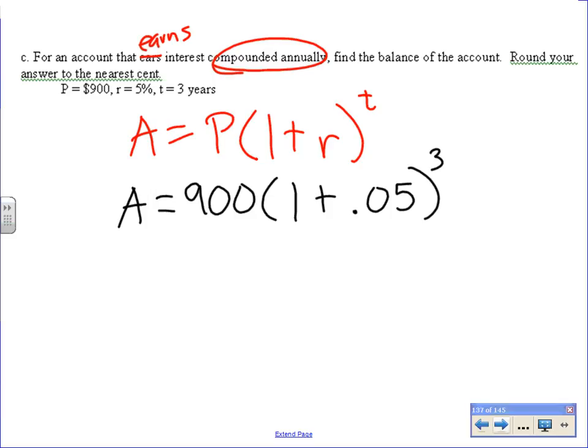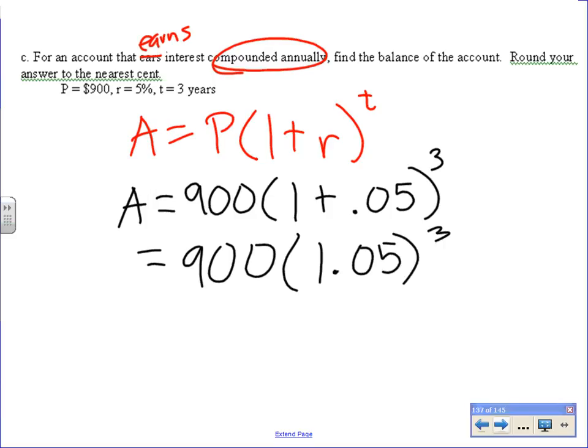Okay, now what do we do? Now we just have order of operations. Abigail. Good job. So we have 1.05 because as Abigail said, we need to add 1 plus 0.05. Okay, I want you to take 1.05, use the caret on your calculator, raise it to the 3rd power. What is that decimal? Abigail? 1.157625.